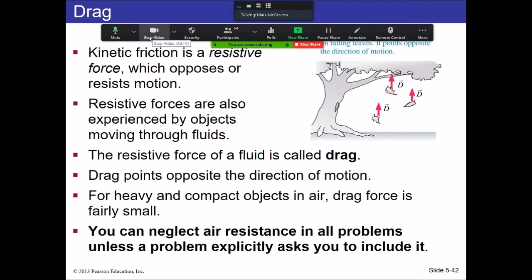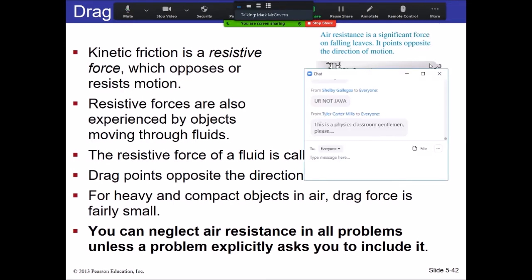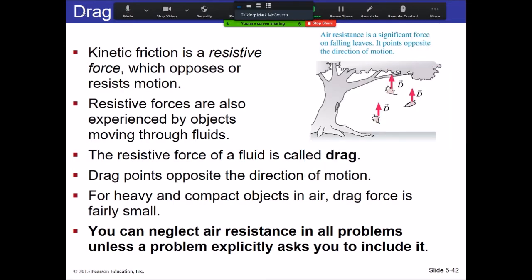All right, now, very infrequently, but we do talk about air resistance, or what we call drag. It's indicated with a capital letter D, and it is basically the same as kinetic friction. It's a resistive force. It acts pretty much the same way that kinetic friction would act. These leaves are falling down due to gravity.